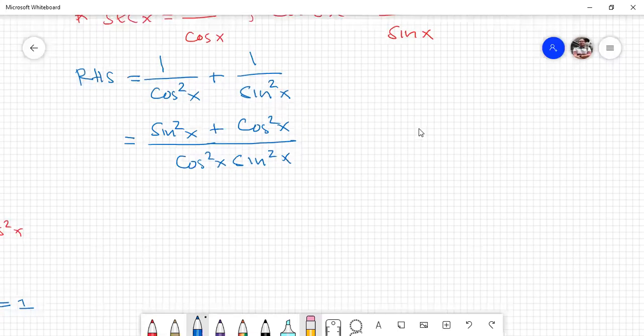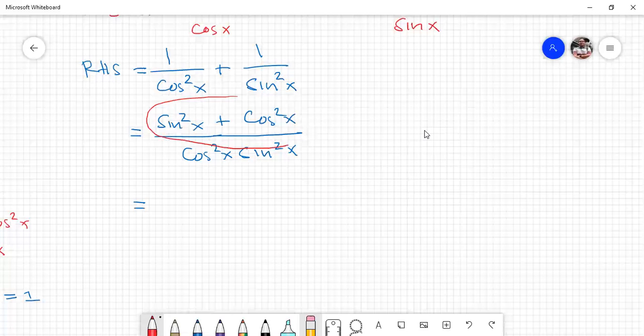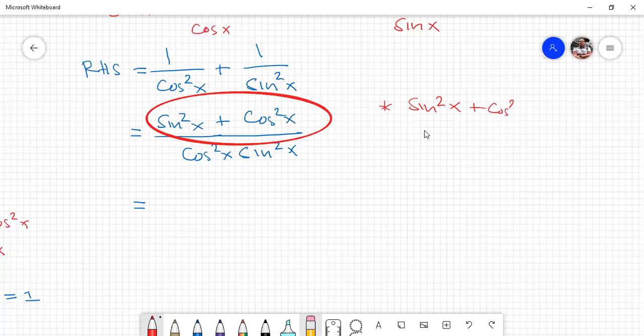Next, look at this: sine square x plus cosine square x. We had this in the previous question; it gives you 1.